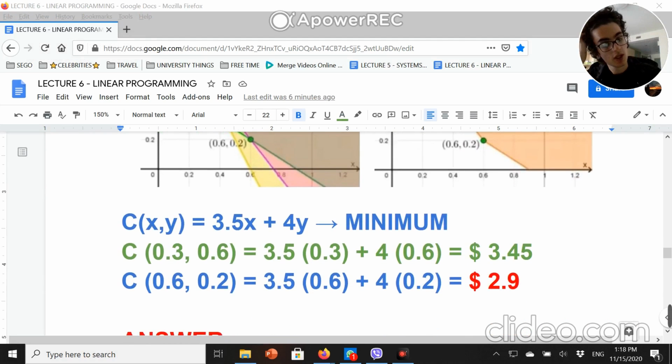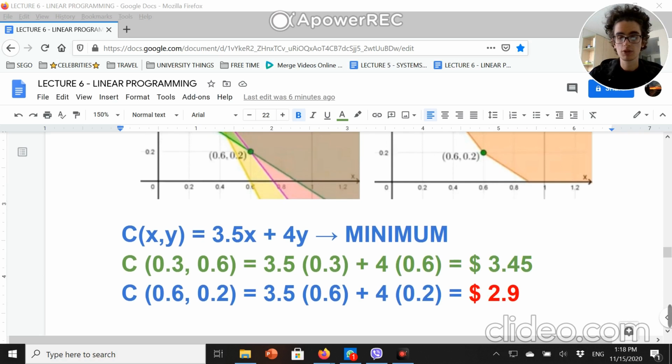C of 0.3 and 0.6 will be equal to 3.5 times 0.3 plus 4 times 0.6, and the answer will be $3.45. So that means that the cost for a daily intake of 0.3 kilograms of feed A and 0.6 kilograms of feed B will give us $3.45.